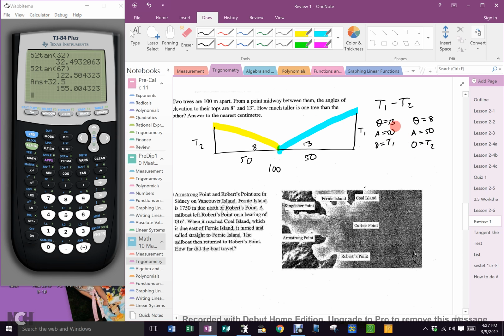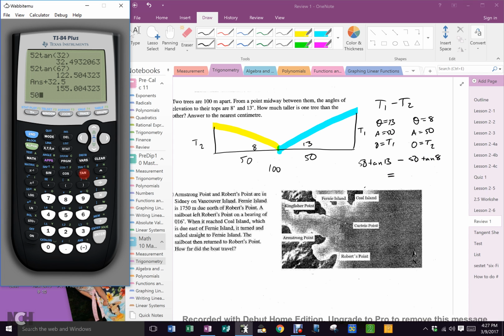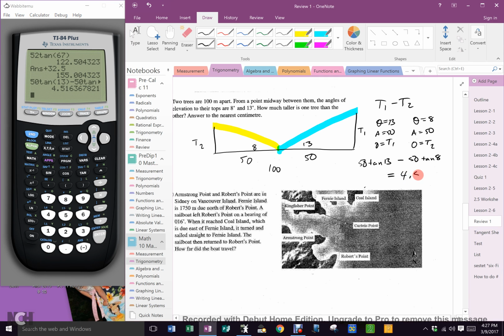T1 is 50 tan 13. And then I got to subtract 50 tan 8 to get my answer. So 50 tan 13, there's 1, minus 50 tan 8, there's the other. And I get it to be 4.52 meters.